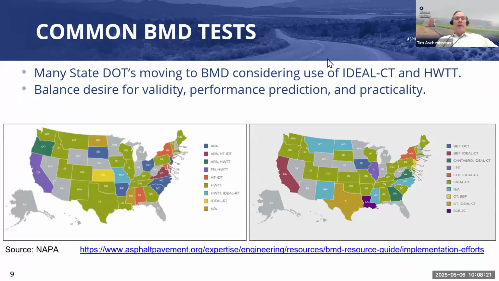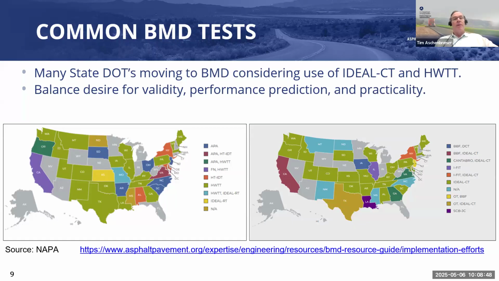A great resource for information is NAPA's Balanced Mix Design Resource Guide. This is always up to date every quarter, and they go through and update information from each state, so it stays current and is valuable. And on the left-hand side, you can see the map of the different types of tests that states are electing to adopt.